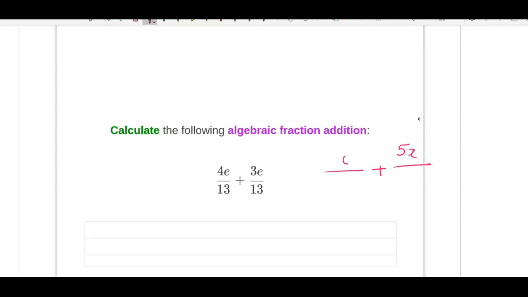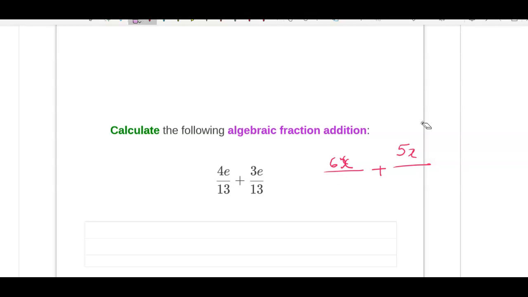So let's say 6x over 15. Now I better go for, no, I made a mistake, so I got to erase it.